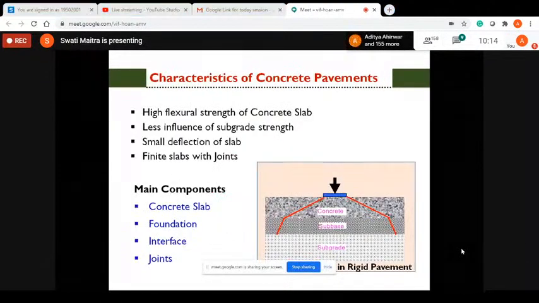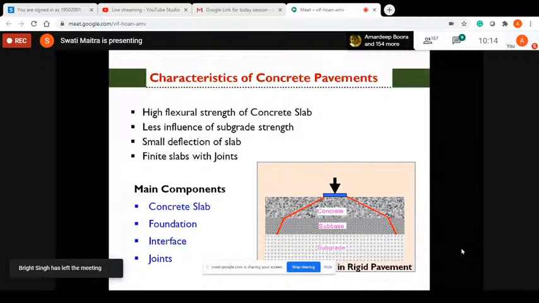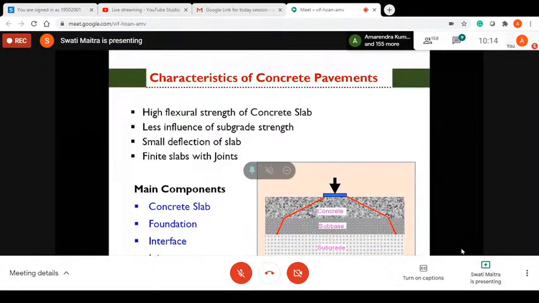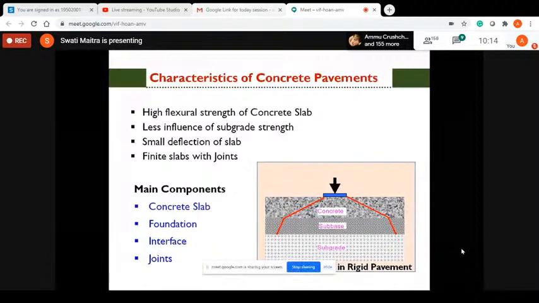The basic characteristic of concrete pavement is the high flexural strength of the concrete slab. The slab itself has high stiffness and strength, and the influence of subgrade strength is less in concrete roads.